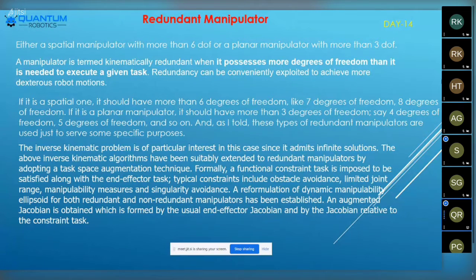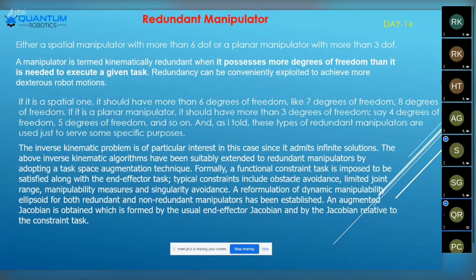If it is a parallel manipulator, it should have more than 3 degrees of freedom, say 4 or 5. That means in a parallel manipulator we use the sequential manner, with 3, 4, and 5.